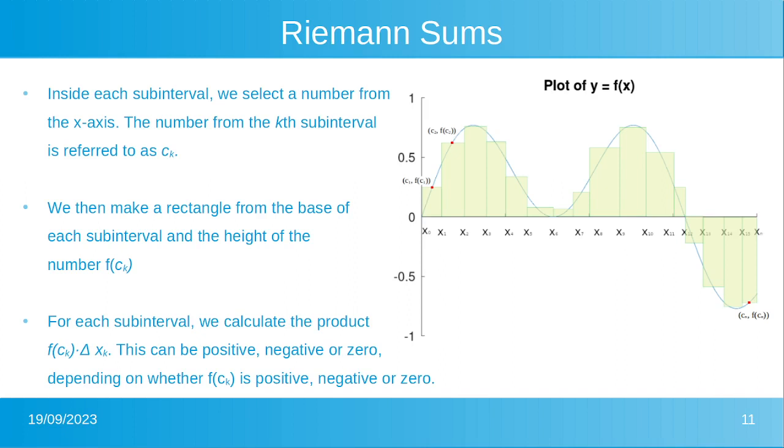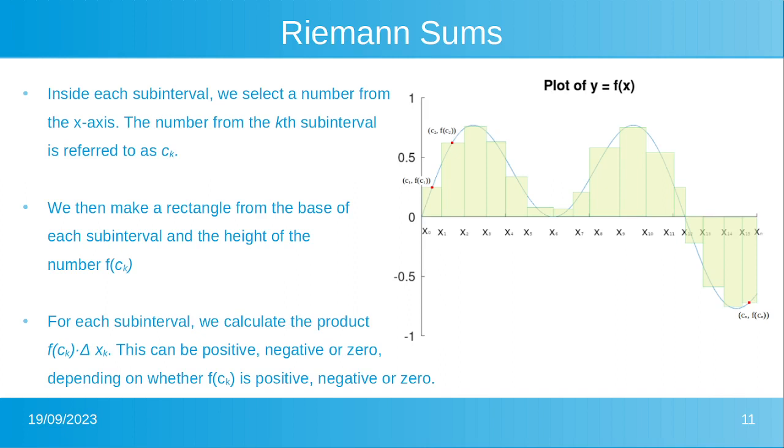The next thing that we do is that for each subinterval we calculate the product f of ck multiplied by delta xk. So that f of ck corresponds to the height of that rectangle for that subinterval, and the delta xk corresponds to the length of the subinterval, or the rectangle width.